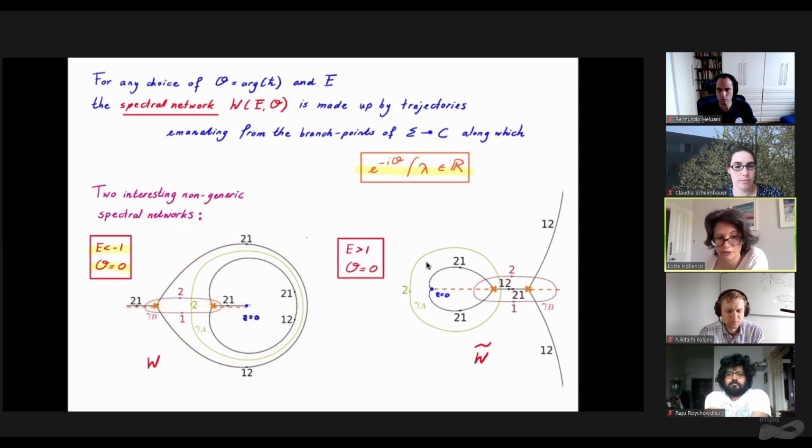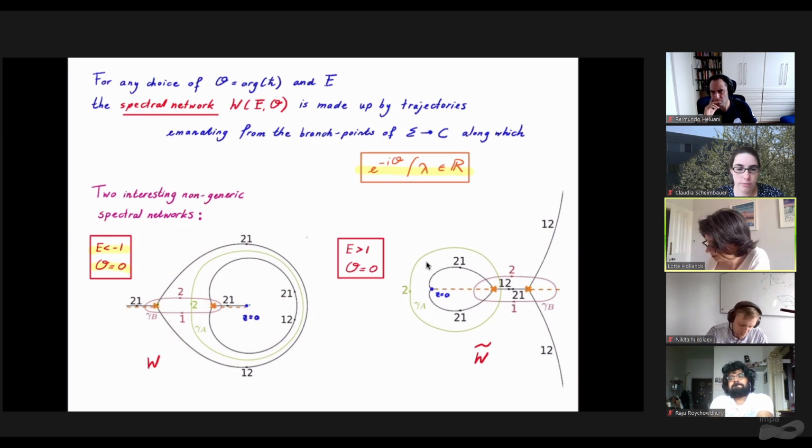So in this spectral network on the left, I've drawn 2 other cycles in green and in red. These are the 2,1 cycles corresponding to a choice of A and B cycles on the spectral cover, which in this case was the punctured torus.